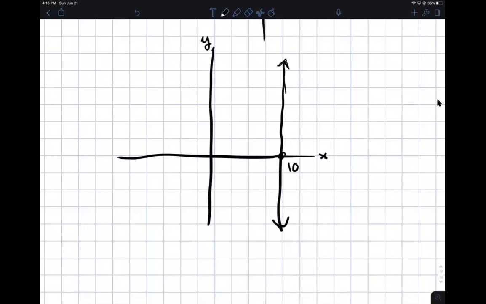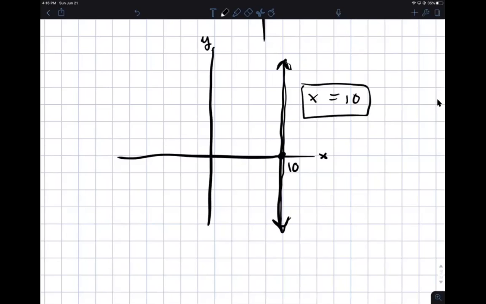So if it's going straight up and down, do you know the graph of it? No, not really. Okay, so this graph would just be x equals 10. Does that make sense? It's just saying that for all values of y, x is going to be equal to 10.